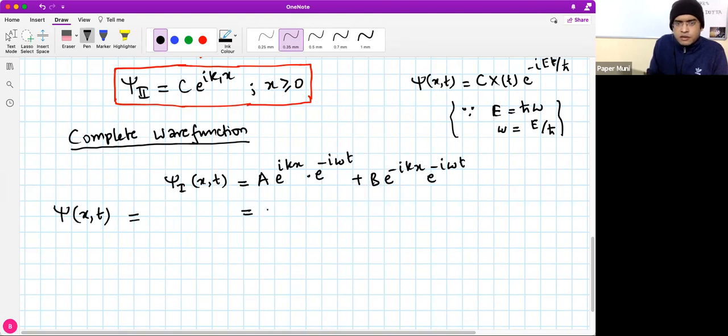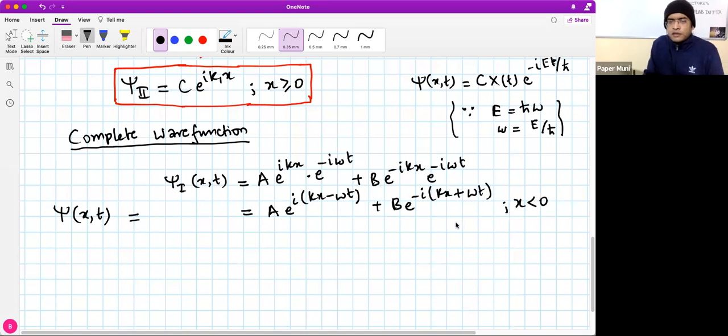Now this can be further written as a e to the power iota (kx minus omega t), plus b e to the power minus iota (kx plus omega t). This is for region 1, which is x less than 0.